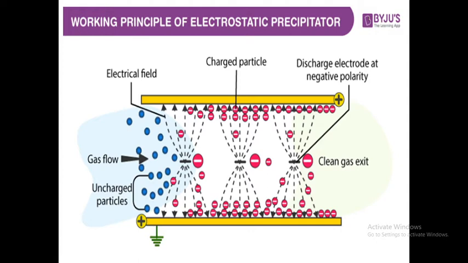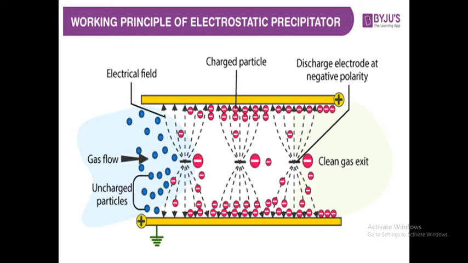The entire system is enclosed in a metallic container consisting of an inlet for flue gases and an outlet for filtered gases. What are the flue gases? Sulfur dioxide, carbon monoxide, carbon dioxide, etc.